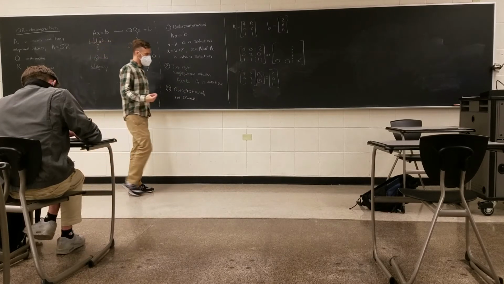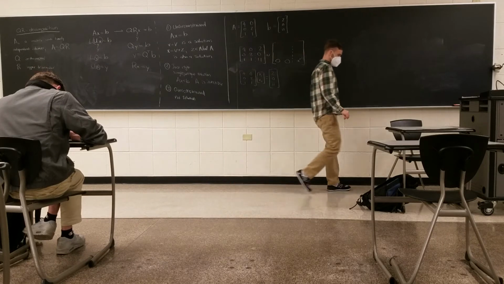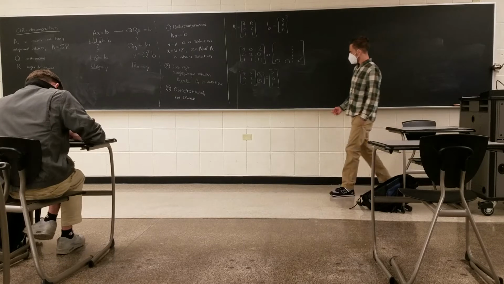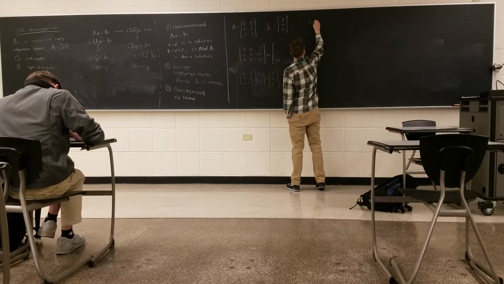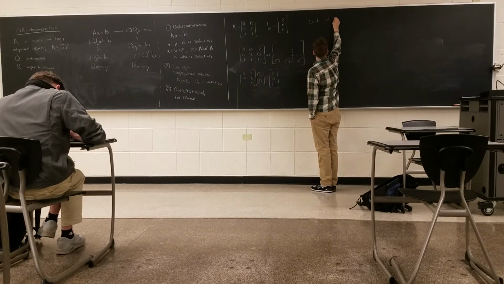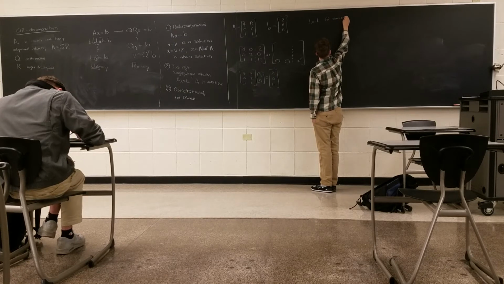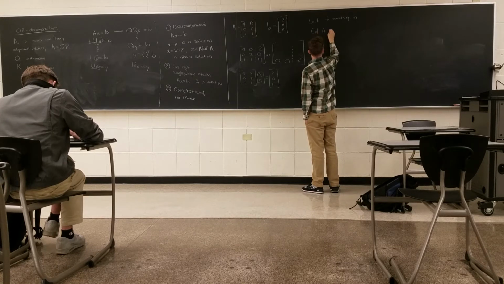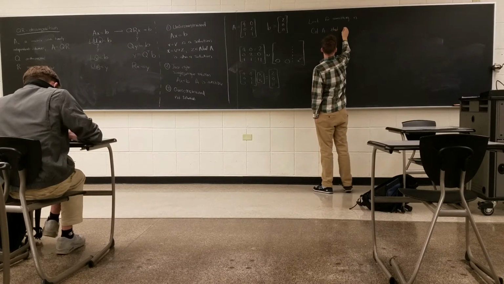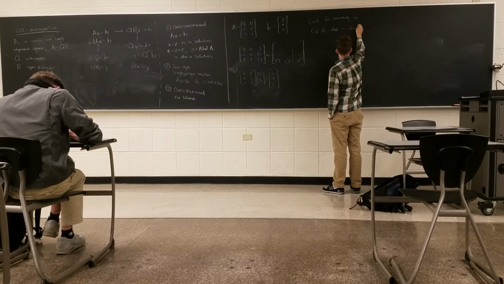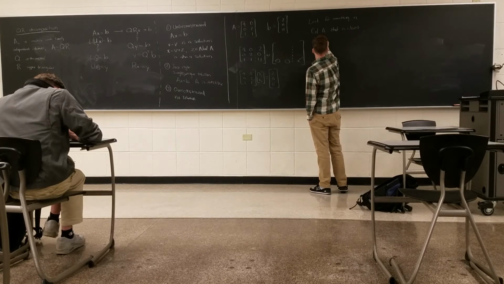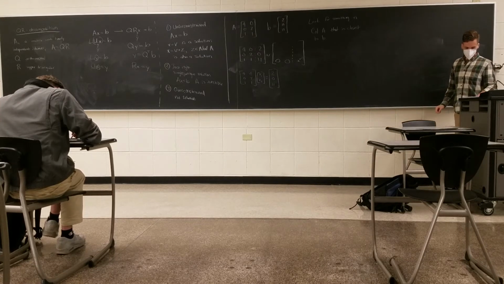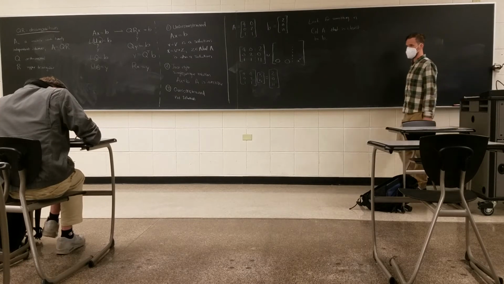Okay, so we know this is an inconsistent system, but what can we do instead of trying to find a solution to it? Well, we can look for something in the column space of A that is closest to B. So we can't get an actual solution, we'll get whatever is closest to a solution.